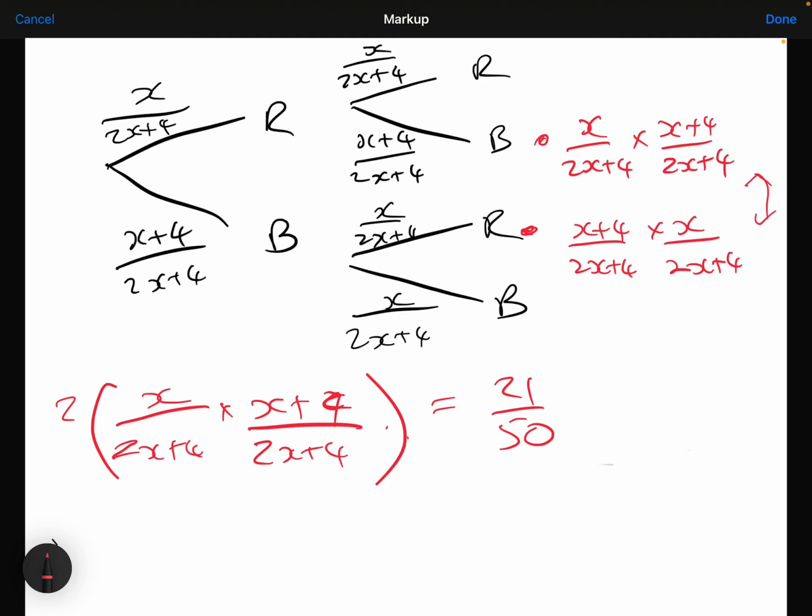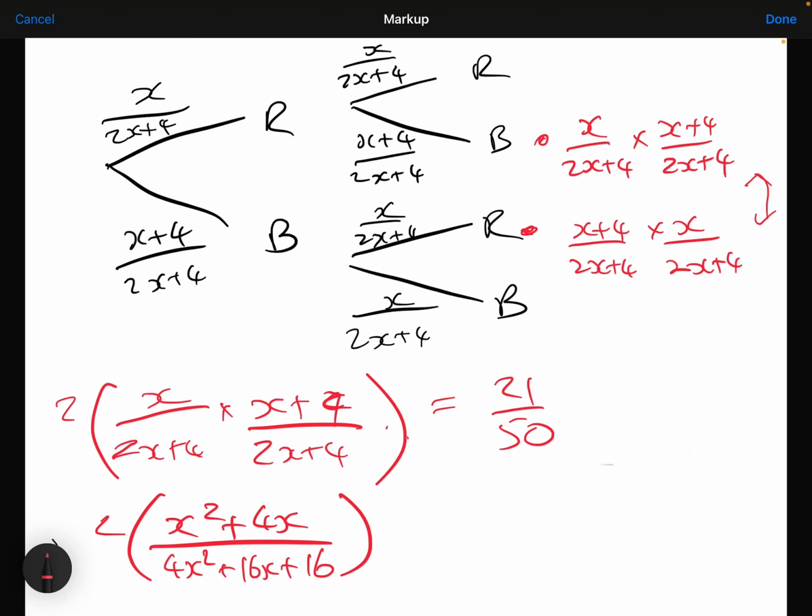So let's expand these brackets then. So I've got x squared plus 4x. And on the denominator here, I've got 4x squared plus 16x plus 16. Let me multiply through by 2 now then.